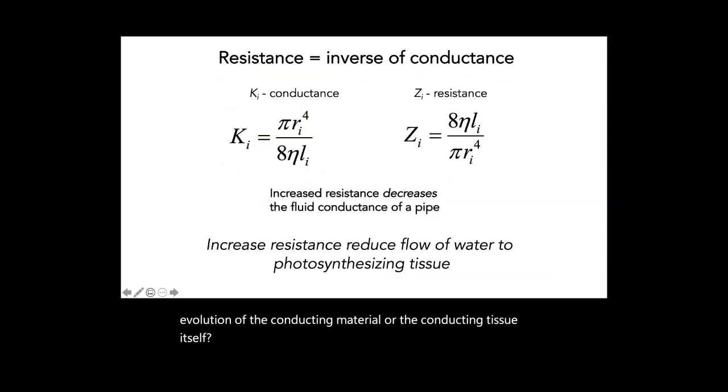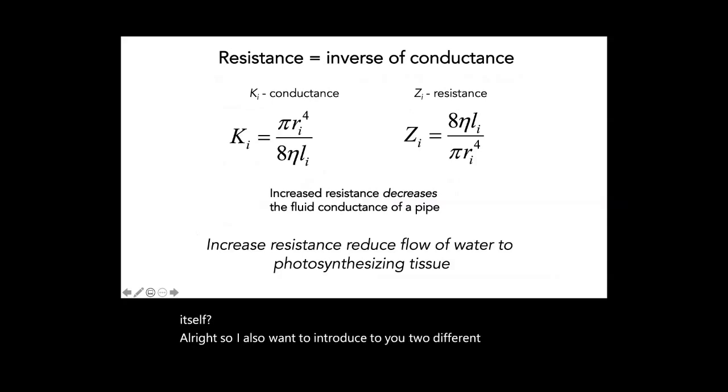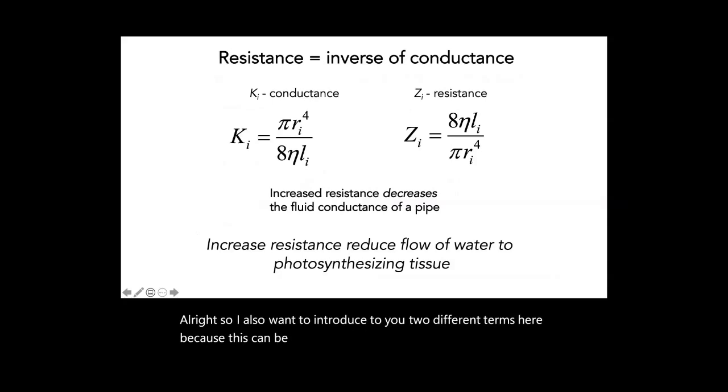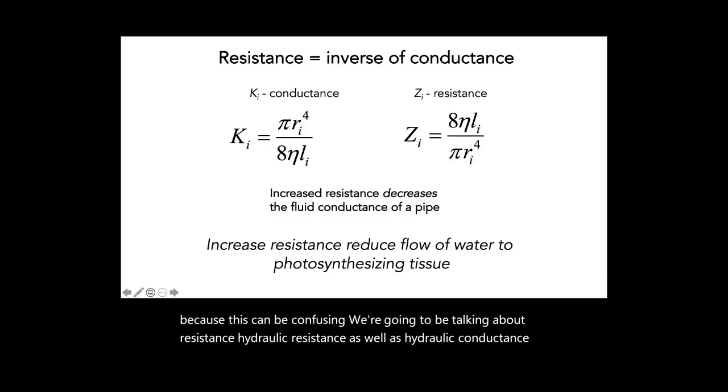All right, so I also want to introduce to you two different terms here because this can be confusing. We're going to be talking about hydraulic resistance, as well as hydraulic conductance. Resistance is the inverse of conductance.